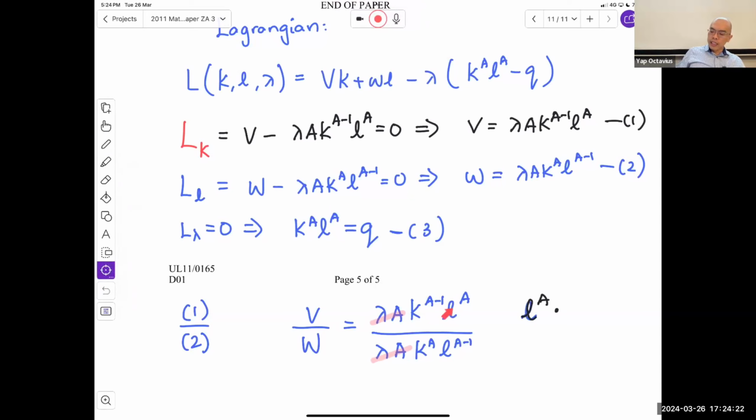Indices law says same base, different power, you divide. You take the minus away from this, so this will become L to the power 1. So I move it up. Then for this, I will move it down. The smaller power goes to where the bigger power is.